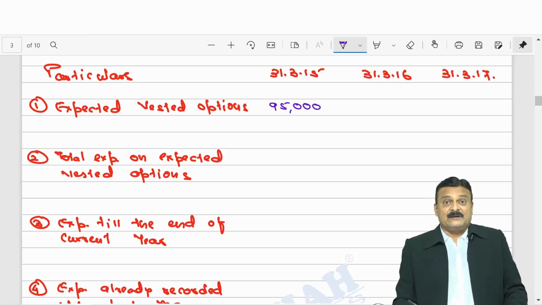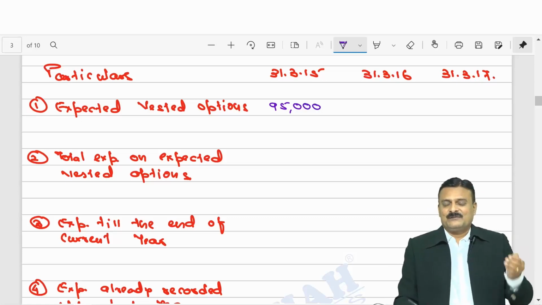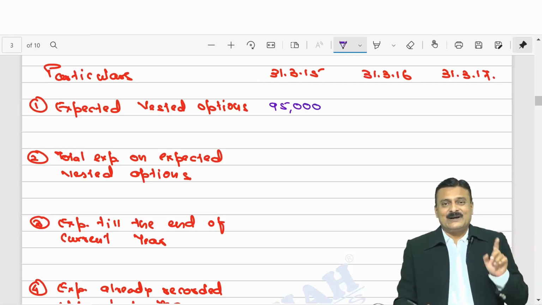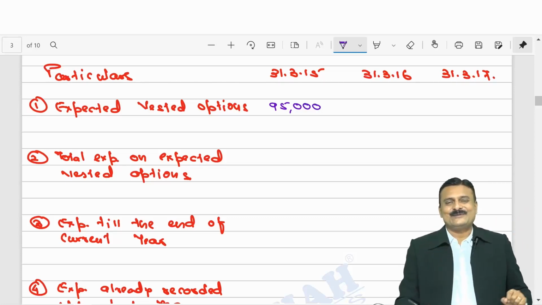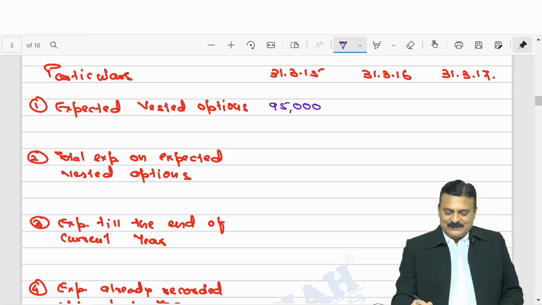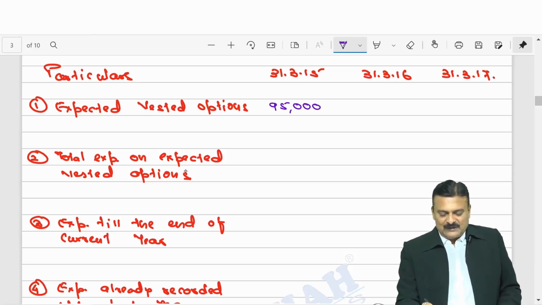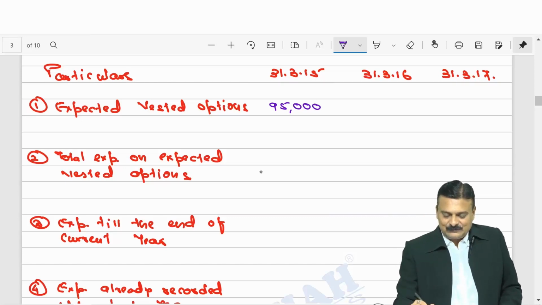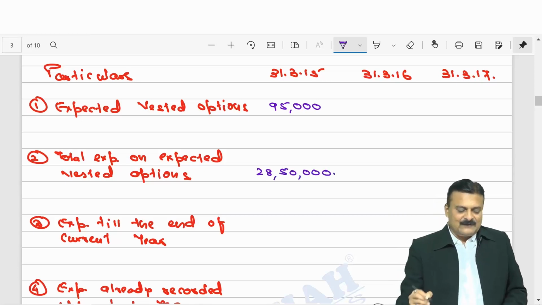Your company is expecting that 95,000 shares we will have to allot because 5,000 is already denied. Per share our expenditure is 30. So 95,000 is the total expense on vested options at 30. So 95,000 into 30 will be rupees 28 lakh 50,000.